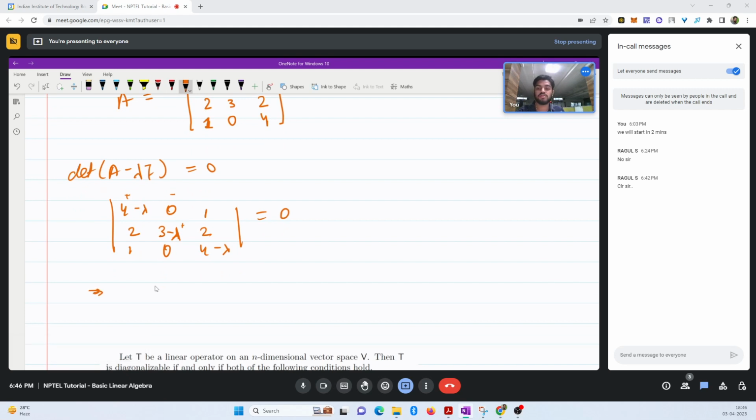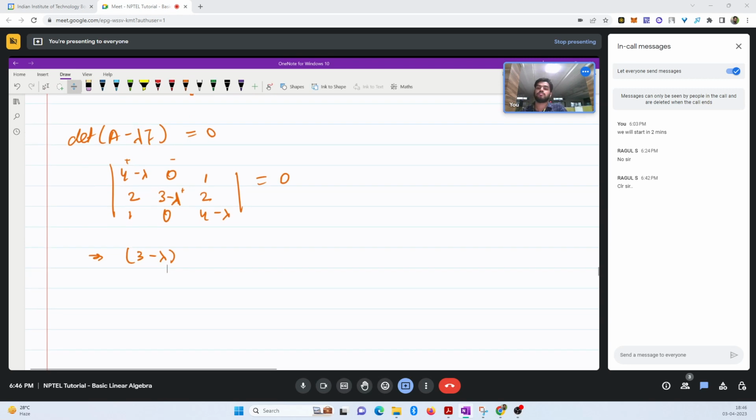So this would be 3 minus lambda. Now this thing gets struck off. So this is 4 minus lambda squared minus 1 is equal to 0.